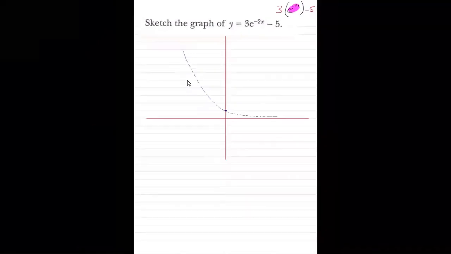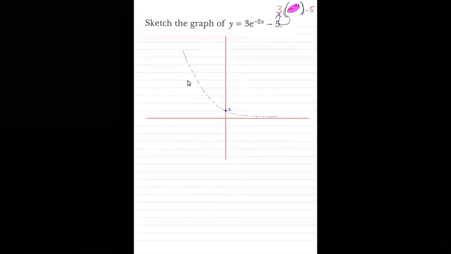Now, what is happening to this graph? It is being multiplied by 3. So, I know that e raised to the power of minus 2x is passing through 1. After being multiplied by 3, where is that point going to be? Every value of the function is going to be multiplied by 3. So even this point is going to be multiplied by 3. So 1 times 3 is 3.